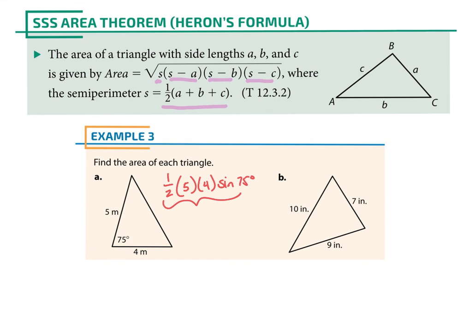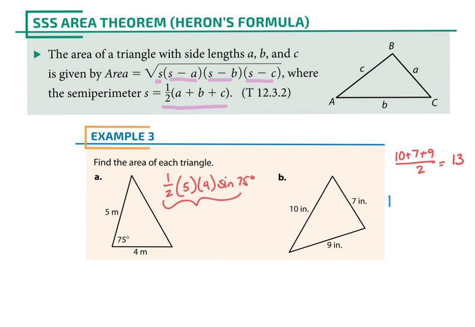But if I have something like B, I do not have any of my angles. And so I'm going to have to use Heron's formula for this. And so for Heron's formula, I'm going to add up the 10 plus the 7 plus the 9 and divide by 2 to get my S. And then I'm just going to plug it in.